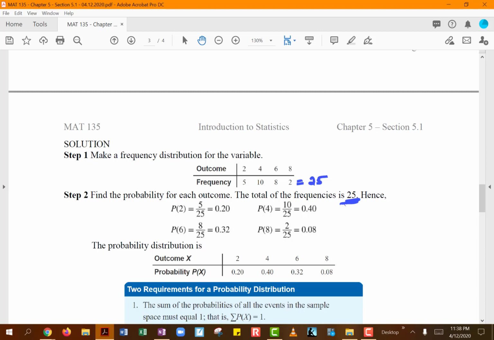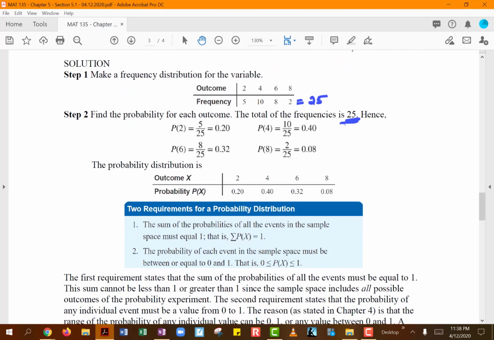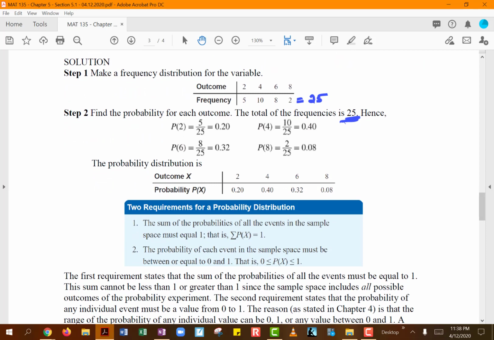So what is the probability of selling 2 batteries per pack? That's going to be 5 out of 25. The probability of selling 6 batteries per pack is 8 out of 25. And in that same way, we calculate for the 4 pack and the 8 pack. Once you have calculated your probabilities, you can construct your probability distribution.